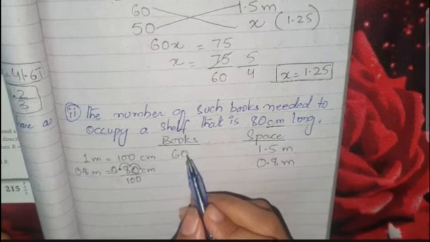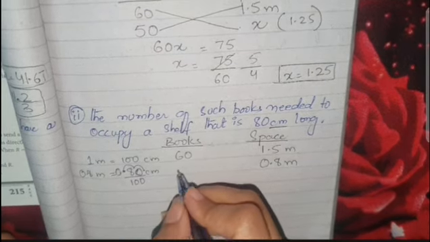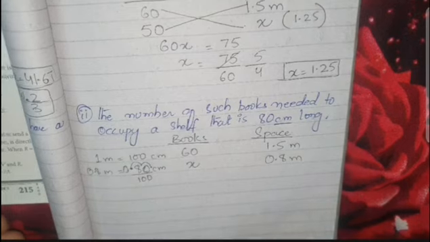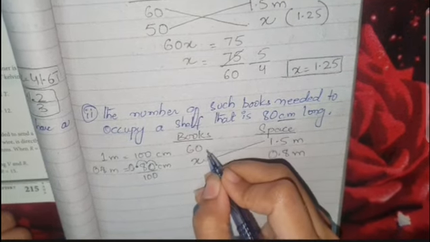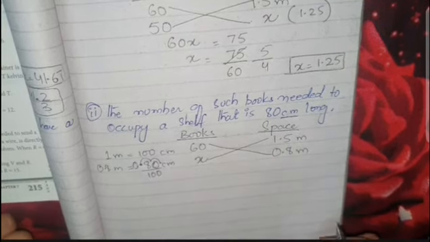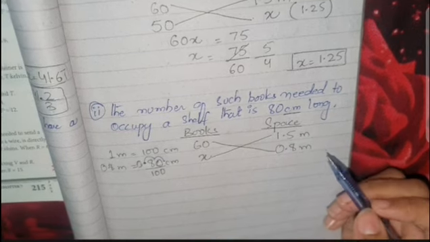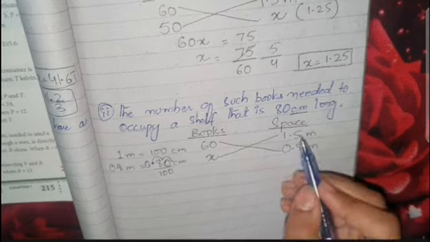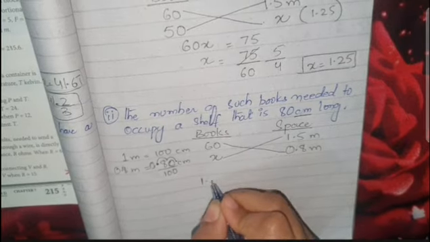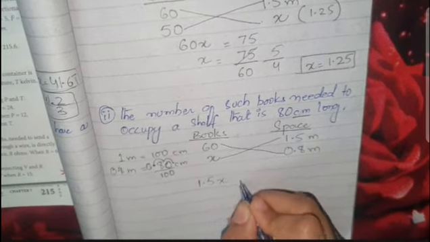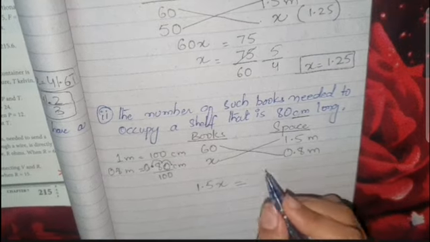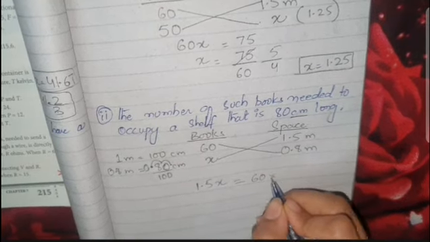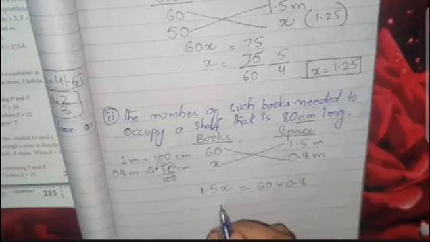And we have to find out the number of books, so I am writing x over here. To find the value, I have to do the cross multiplication. Again, you notice that this is a direct proportion. If we multiply 1.5 by x, we get 1.5x, which is equal to 60 multiplied by 0.8.